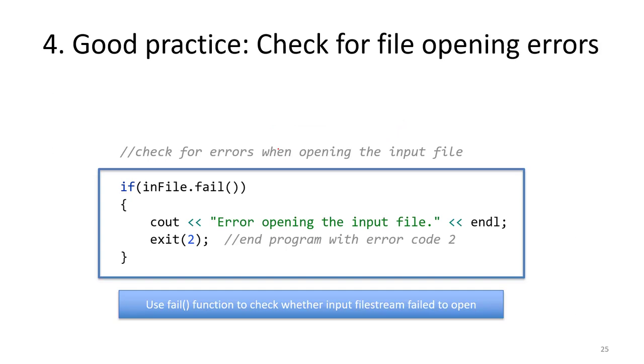Okay, the next thing we checked for, the next good practice in our procedure, was checking for file opening errors. One way to do that is using code like this.